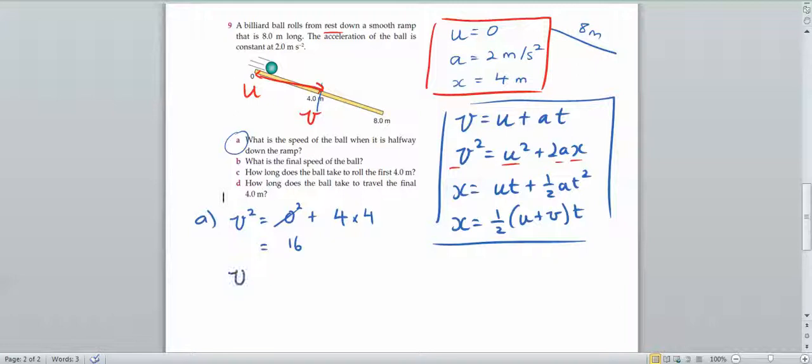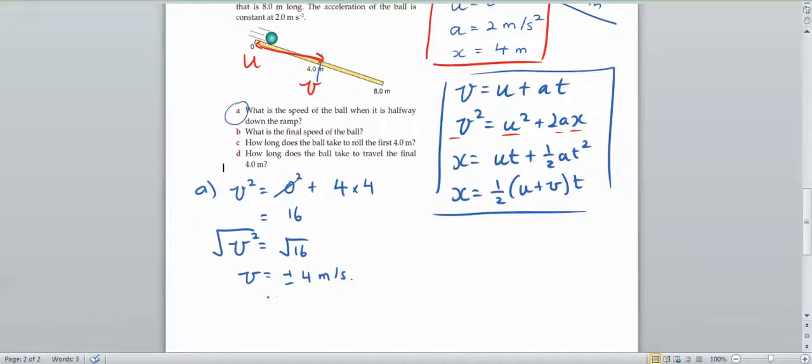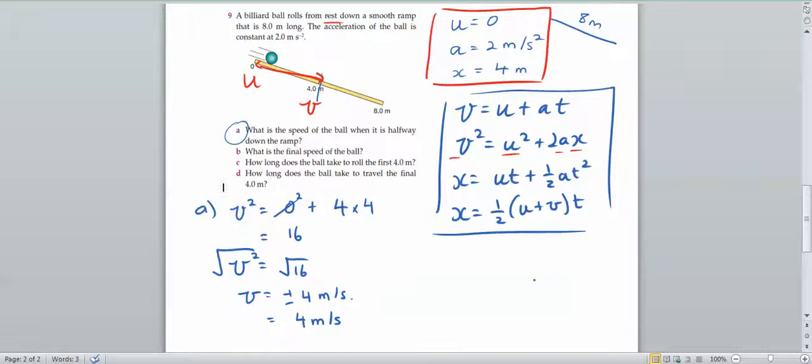So we take the square root of both sides. v is equal to the square root of 16. So v is technically plus or minus 4 meters per second. In this case though, we're only taking the positive value. The velocity is 4 meters per second.